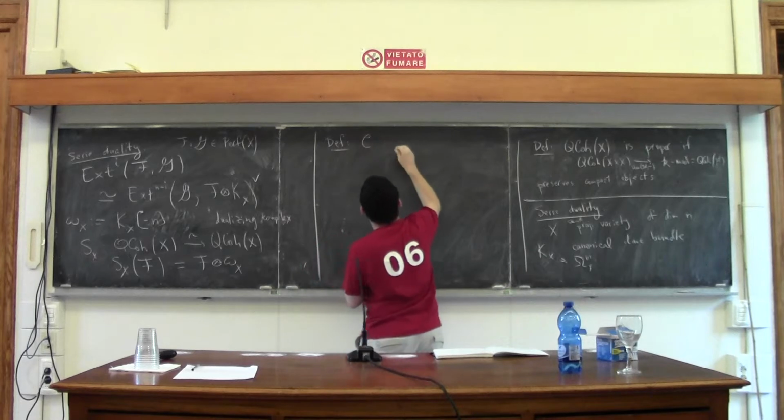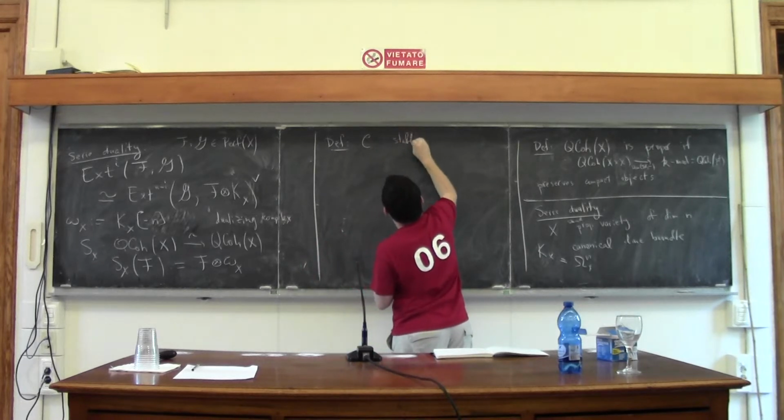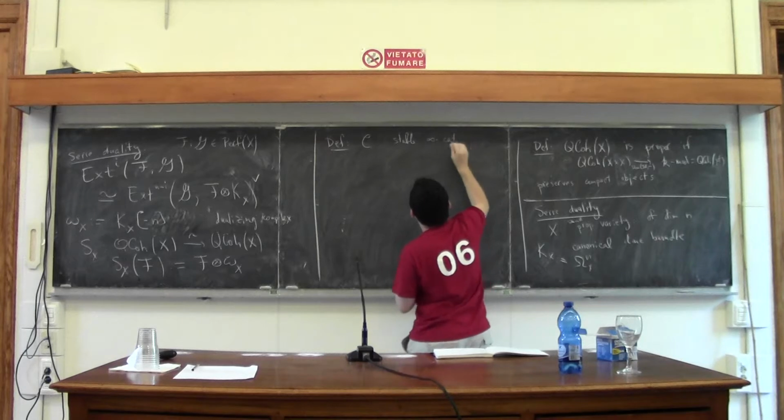So C, a stable infinity category, has a Serre functor.